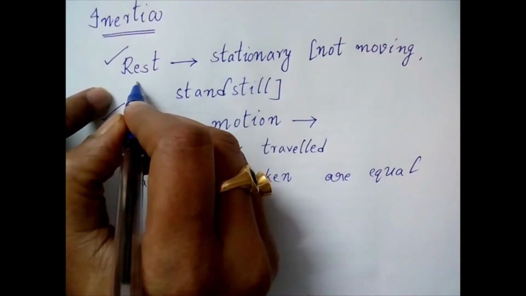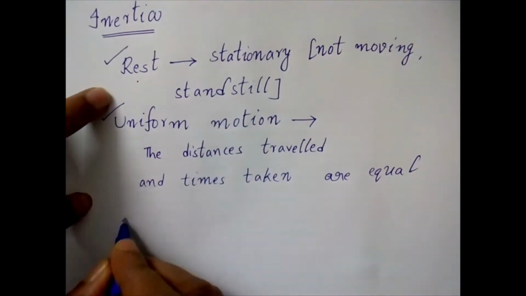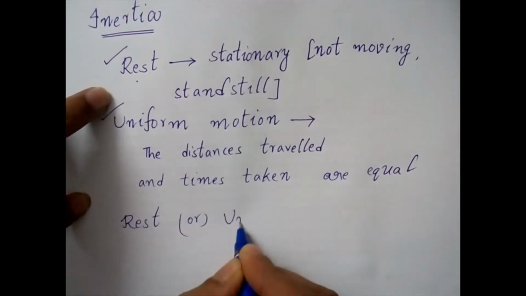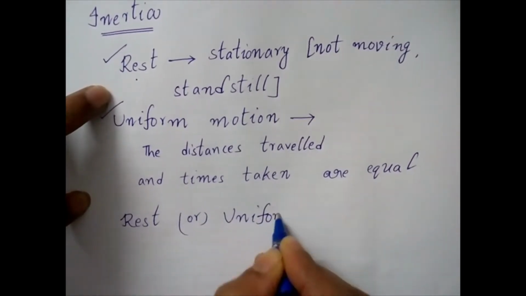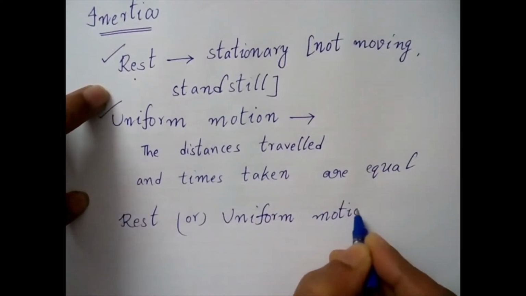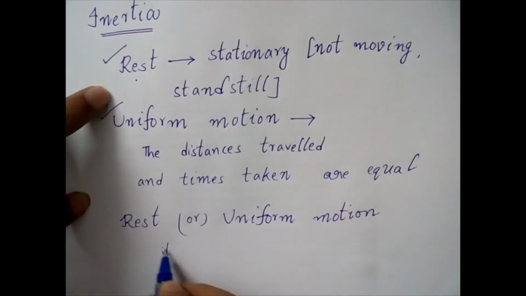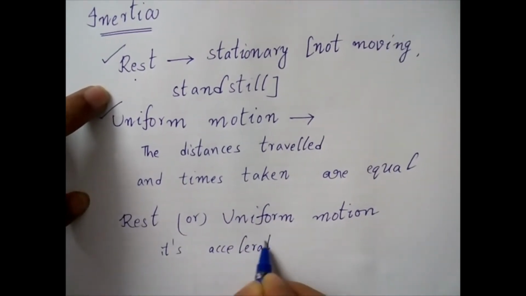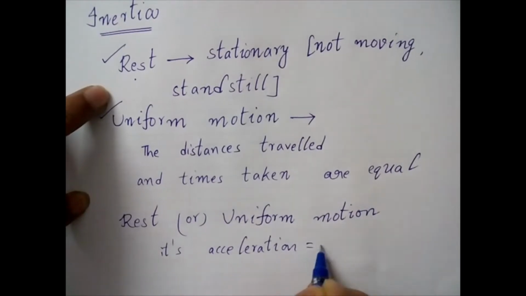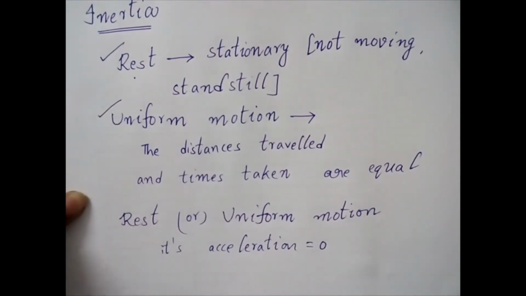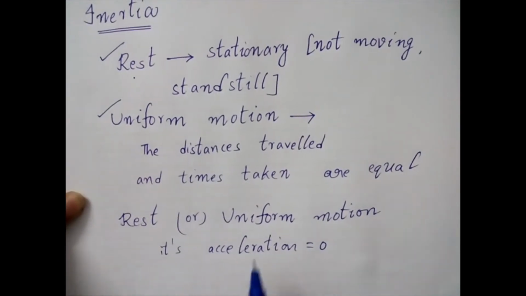Now, whenever the object is at rest or in uniform motion, remember it is very important, its acceleration is equal to 0. The body does not accelerate. Acceleration is equal to 0.